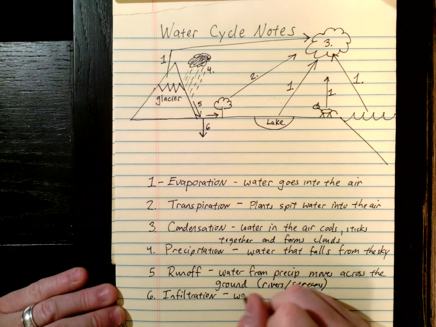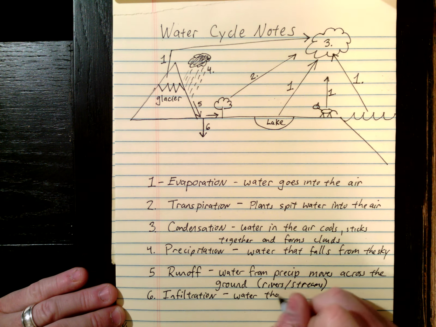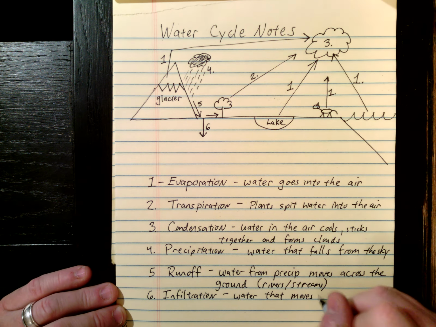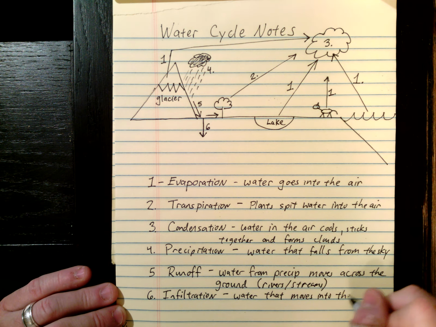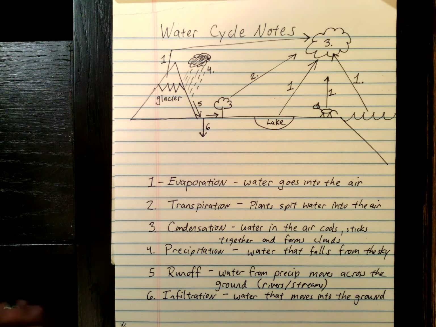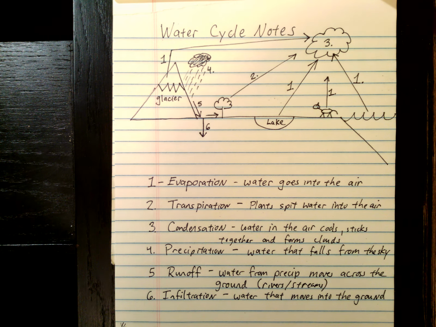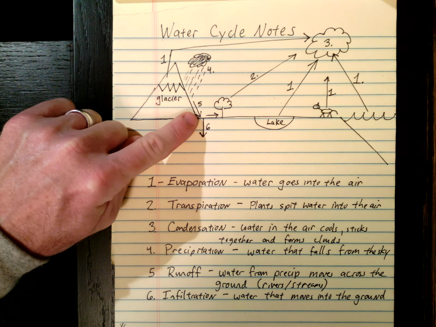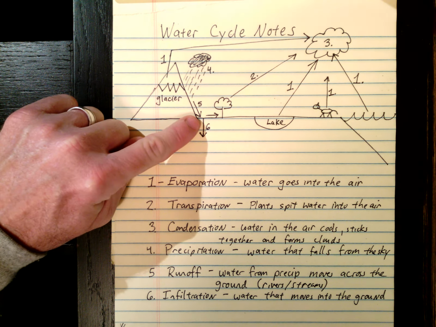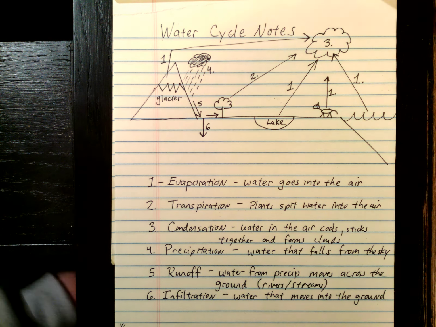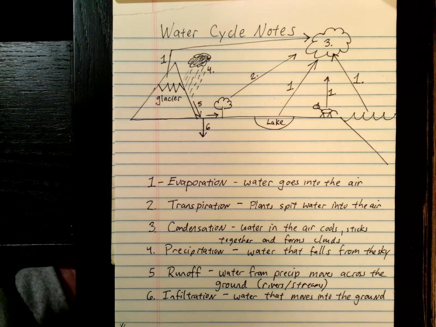Infiltration is water that moves into the ground. And anytime it rains and you get water that's sliding downhill or just sitting on your front yard, some of it is actually going to soak into the ground. We can get infiltration some other places as well.